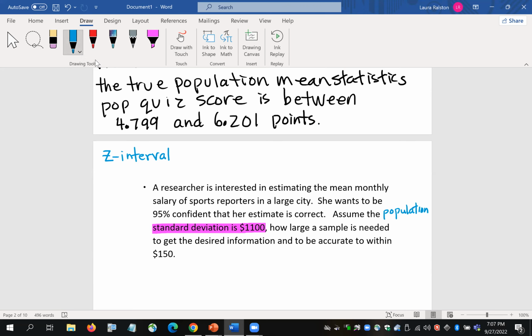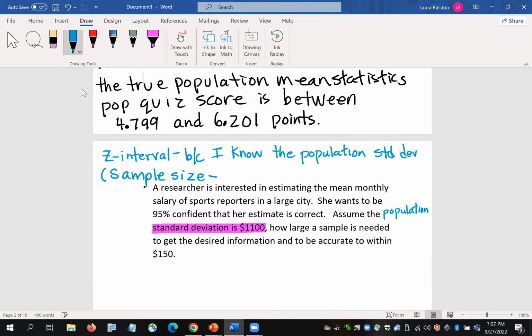So again, this is related to the Z interval because I know the population standard deviation. And this problem is related to finding the sample size. And guys, this is going to be a hand calculation, something you're going to do with your calculator.